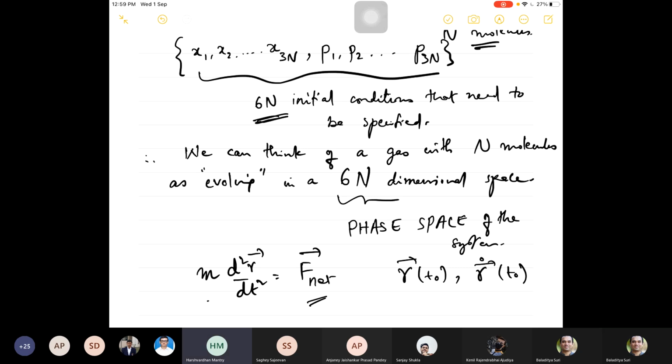We need to know the force acting on a molecule, otherwise we cannot solve Newton's equation. Won't we also need to specify the forces? The forces are part of the physical description of the system; the dynamics of the system is defined by the forces.